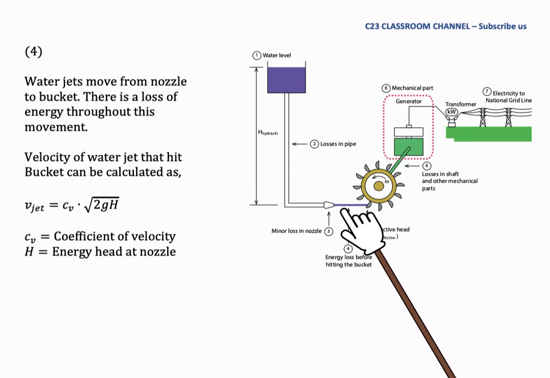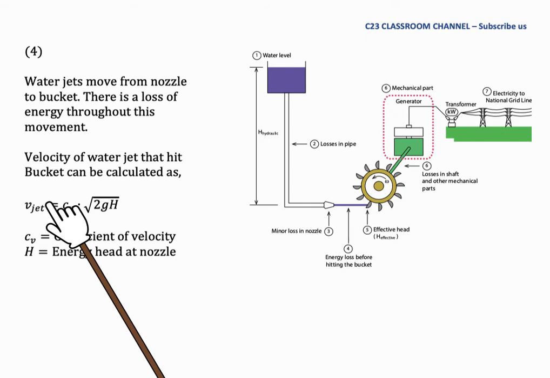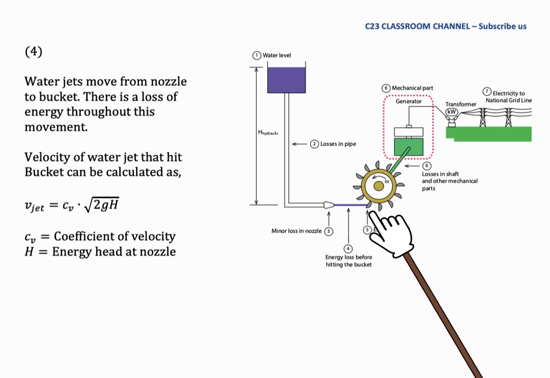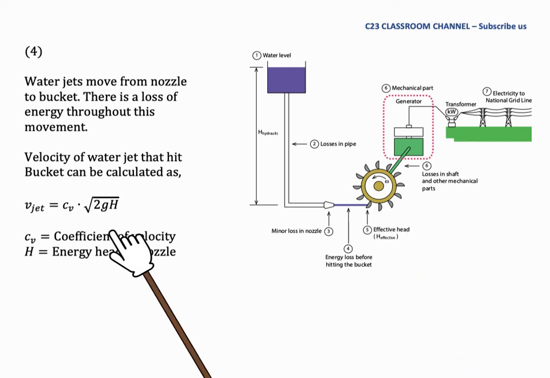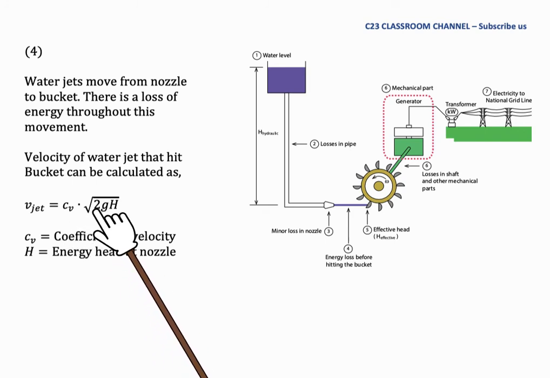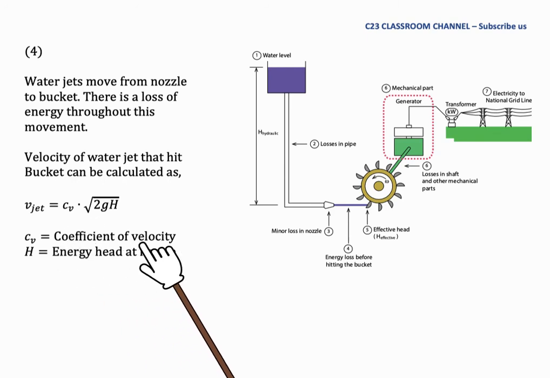So we can calculate the velocity of the water jet that hits the bucket using this equation, Cv times square root of 2gH, where Cv is the coefficient of velocity and H is the energy head at the nozzle.